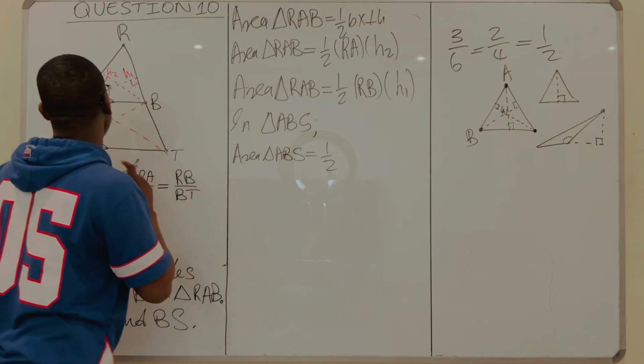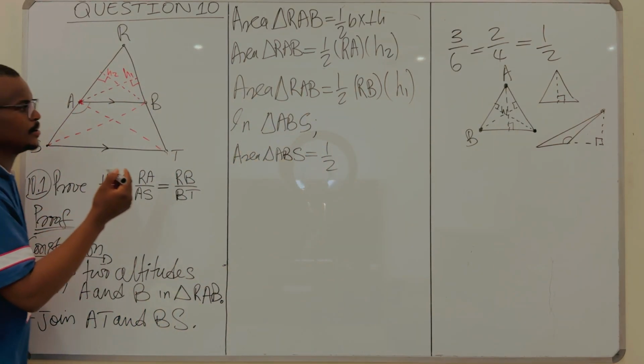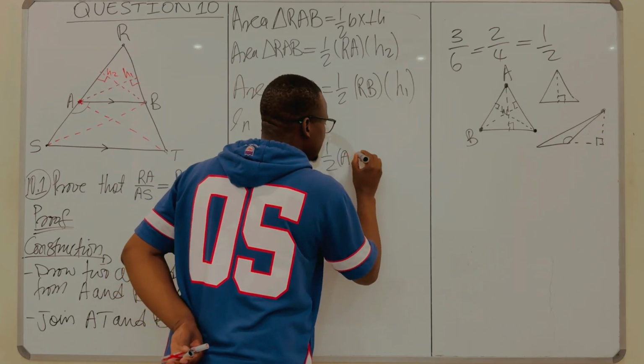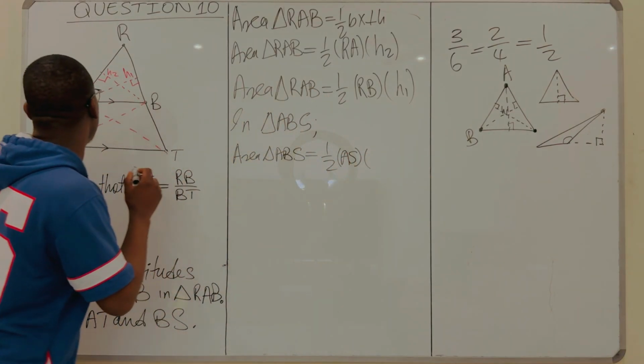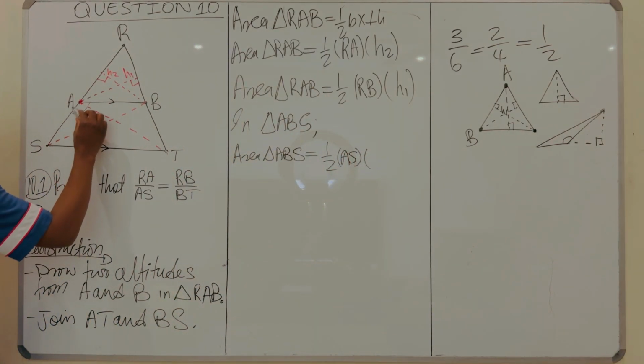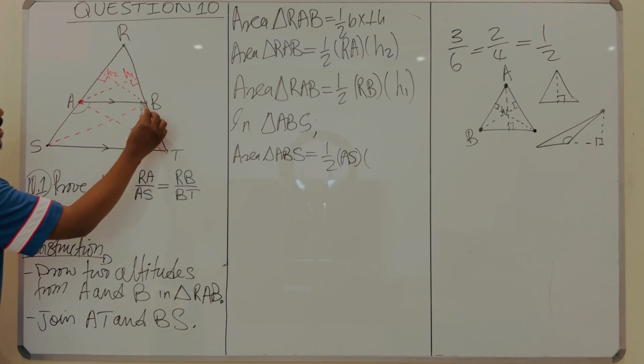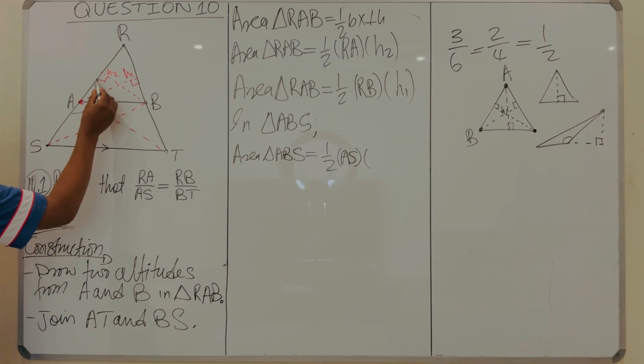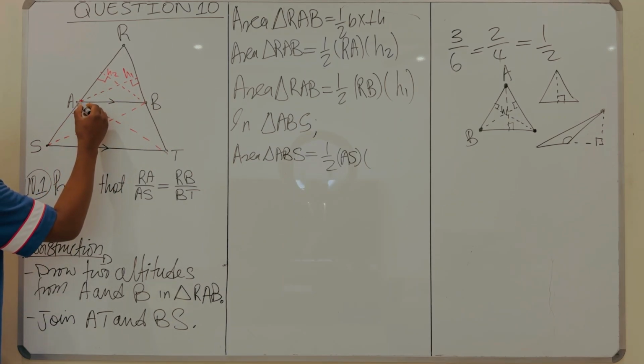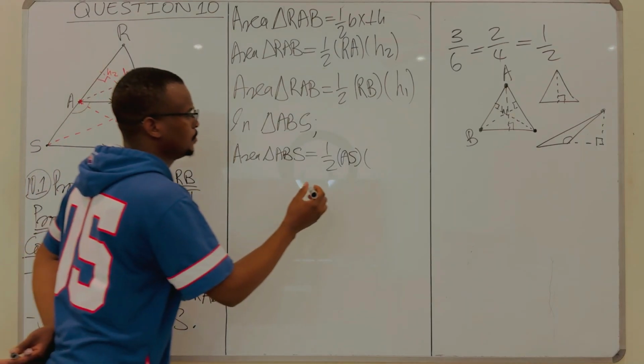What is the base of your ABS? It is AS over here. Half AS times the perpendicular height. Where is the perpendicular height? The perpendicular height is that one over there. Because you can see half base times the perpendicular height, which is H2.